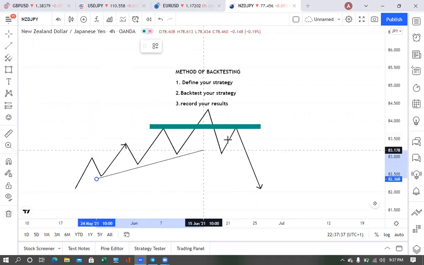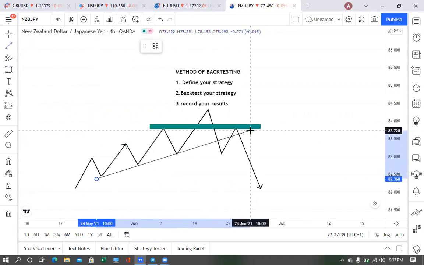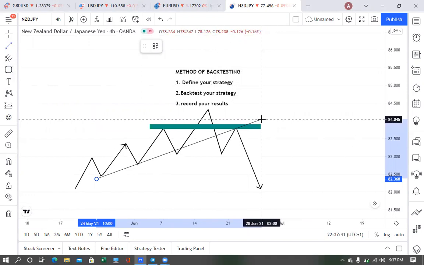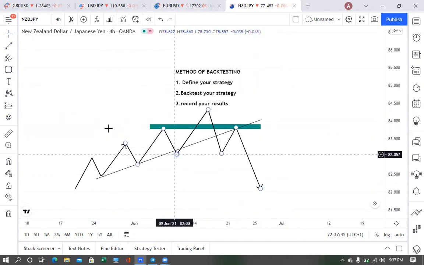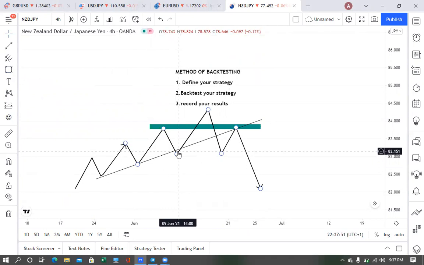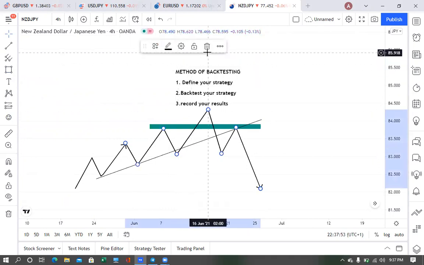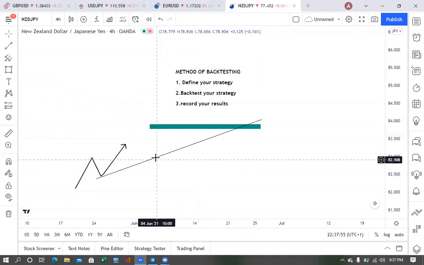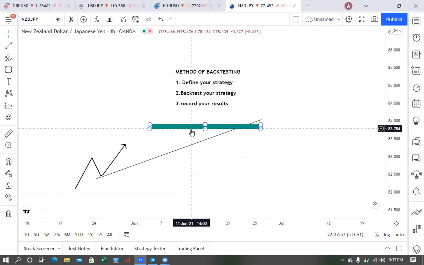So if you are using this kind of strategy, you need to backtest this strategy several times to see how it worked previously before you put it in the current market and see how it will work for you.